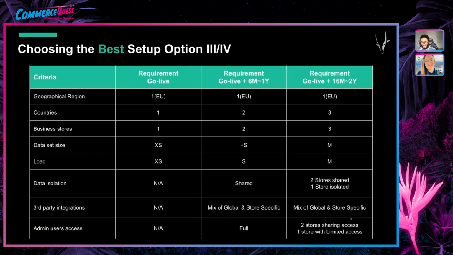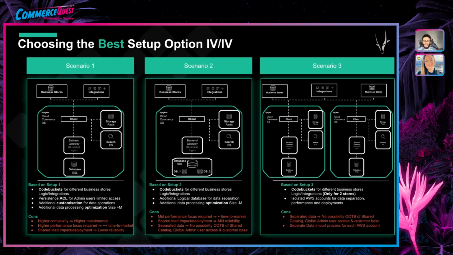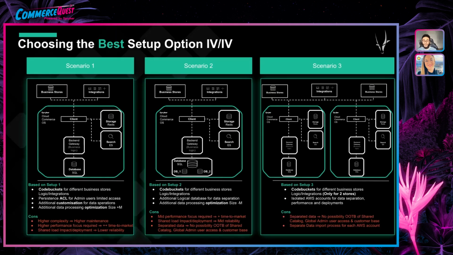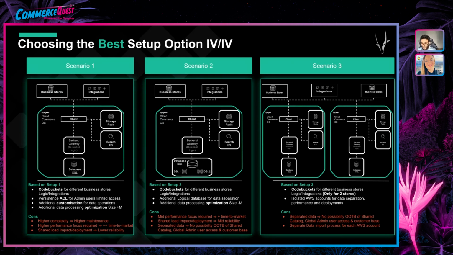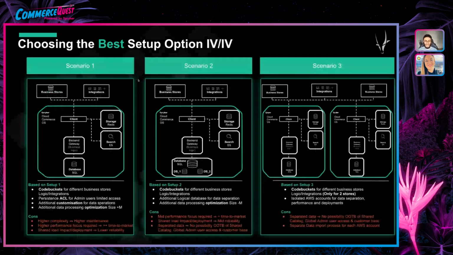However, you are not actually sure 100% if the actual rollout for Germany would still be after 6 months, or it would be later on, or it would be earlier on. But the only information that you have is that on the MVP, it needs to be 1 store. Therefore, this would be the best option if you are a person that got the requirements at this stage, right? This would be definitely the best option.